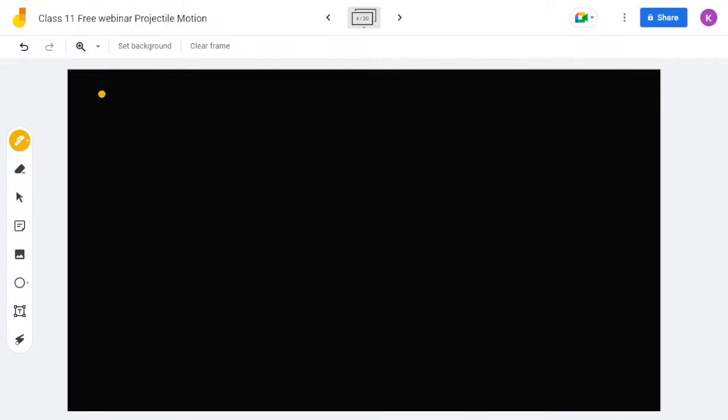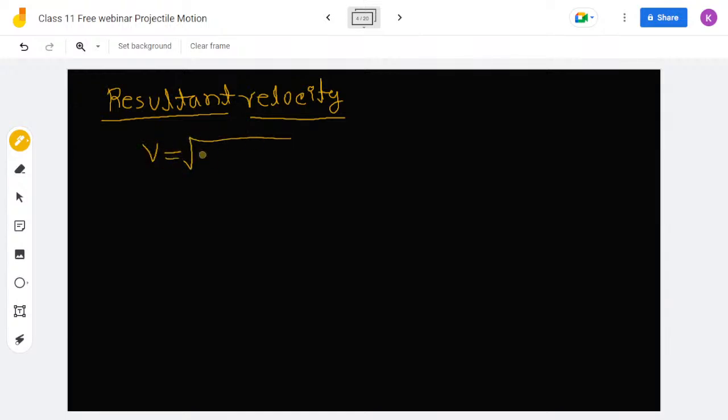Again, if at any time we need to find out the resultant velocity, then we know from vectors how to find a resultant: taking the square root of the components, that is root under vx square plus vy square.